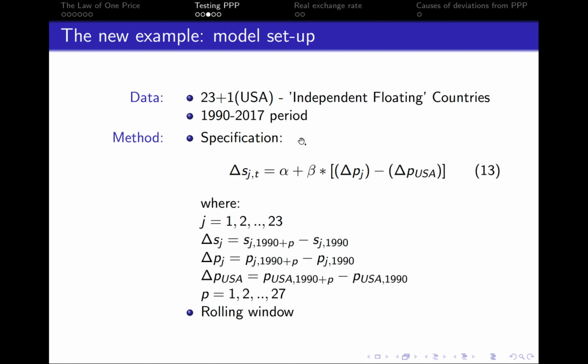I've collected this data from the Penn World Table. So I'm using the data for the period 1990-2017. But look, what you see over here is that I've chosen the data on 23 countries plus one, the United States, our reference country. And here you see independent floating.